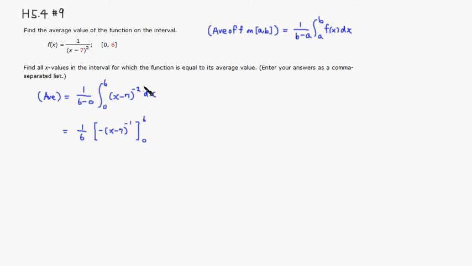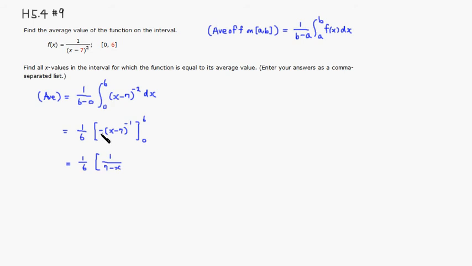Maybe before I plug in, I'll clean up a little bit. So this is going to be 1 over 6. The negative 1 power is 1 over x minus 7, and I'm going to incorporate this negative sign, so it's going to be 1 over, instead of x minus 7, 7 minus x.